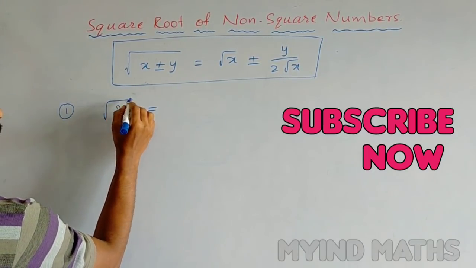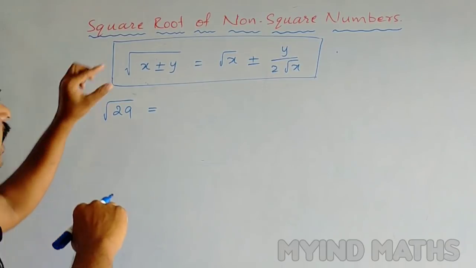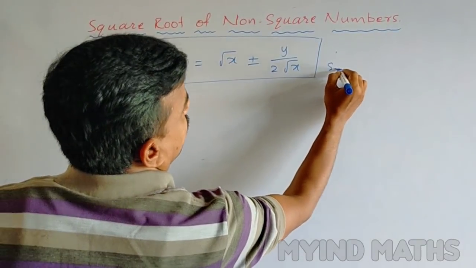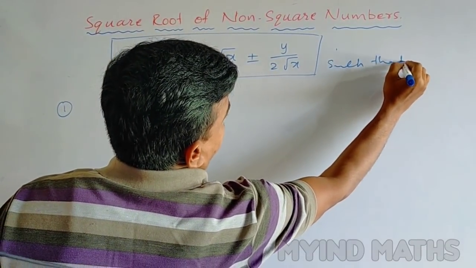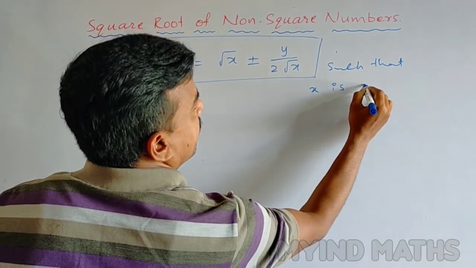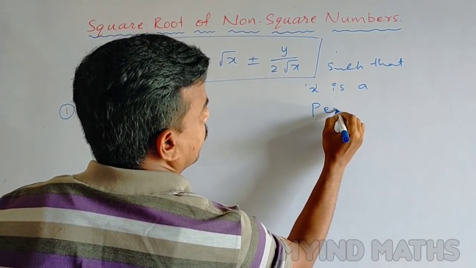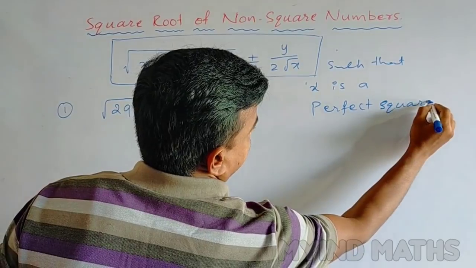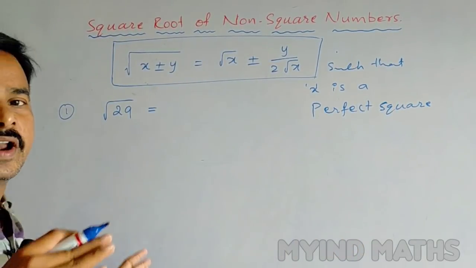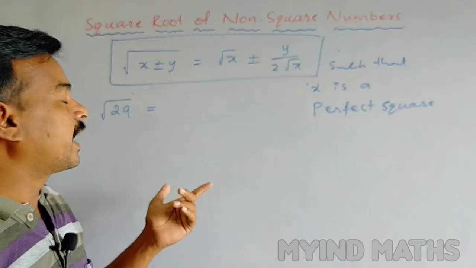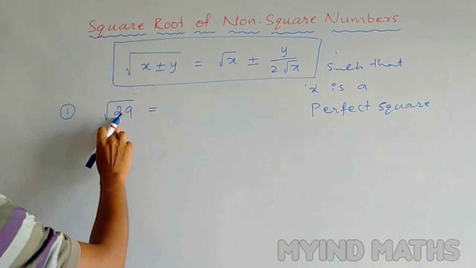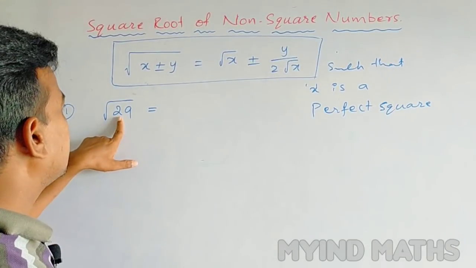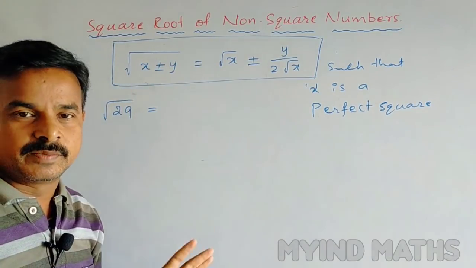First, this square root of 29 should be written in the form x plus y, or x minus y, such that x is a perfect square. Perfect square means 1, 4, 9, and so on.